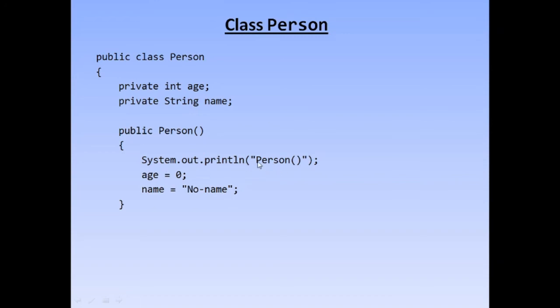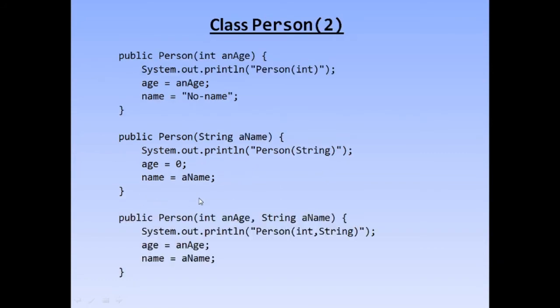It is just printing that Person is called, and age is equal to 0 and name is equal to "no name". In this case, this Person constructor has an integer argument, so it initializes only the age attribute. Here it has a string argument, and it initializes age to 0 and name to the name passed as an argument.